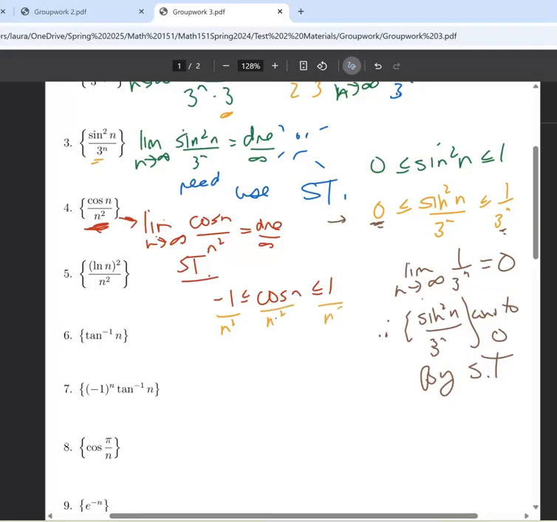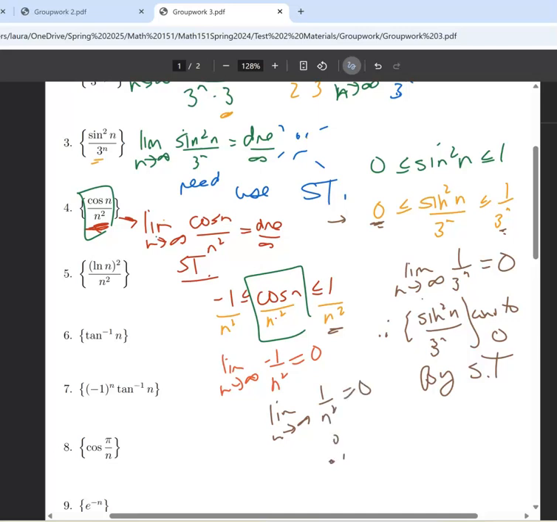So then I take the limit as n goes to infinity of negative 1 over n squared. That's 0. And then I take the limit as n goes to infinity of 1 over n squared. That's 0. So therefore, I can say that this guy converges to 0 by squeeze theorem.